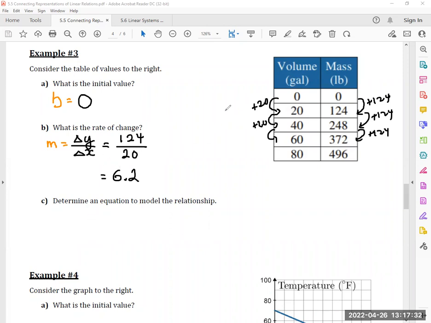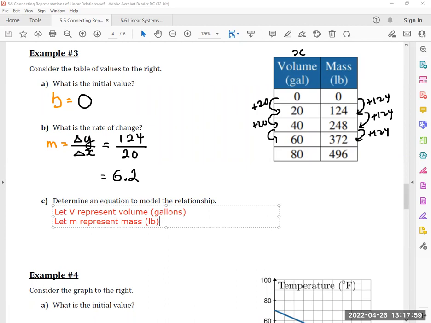So determine the model. My x value is going to be my volume, and my mass is going to be the y. So I'm going to say let V represent volume in gallons. Let M represent mass in pounds.